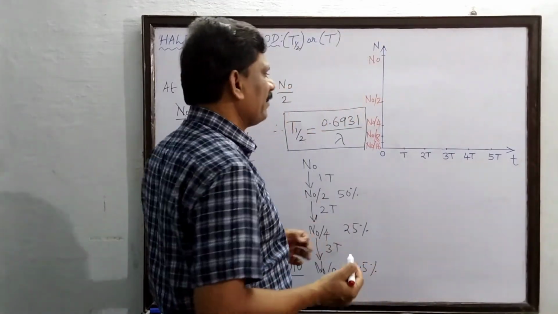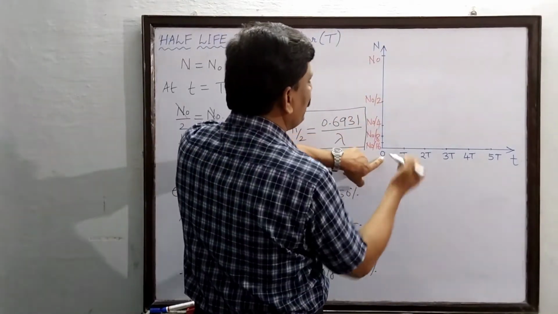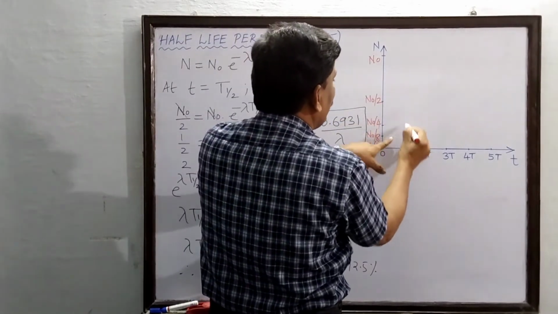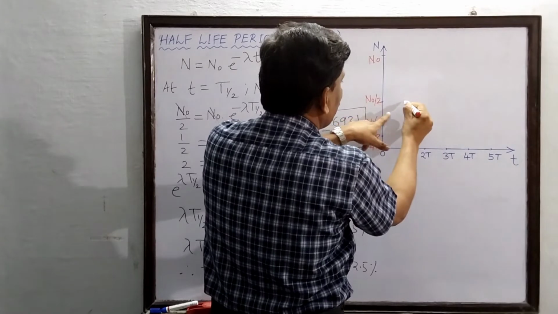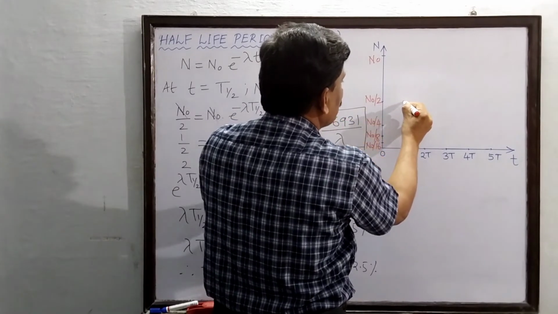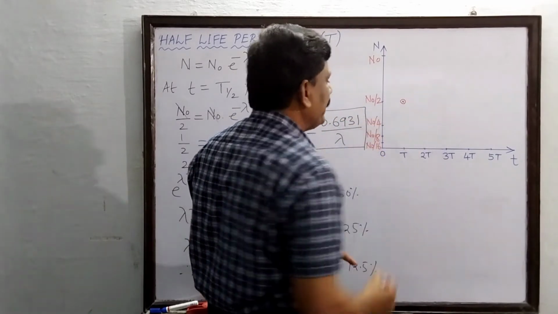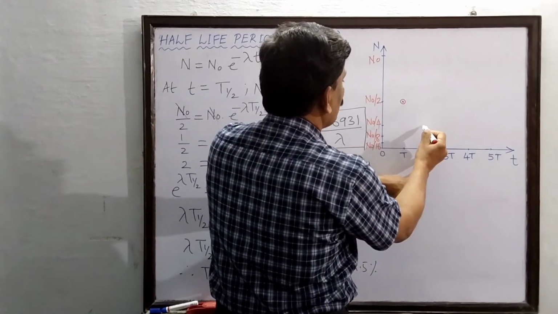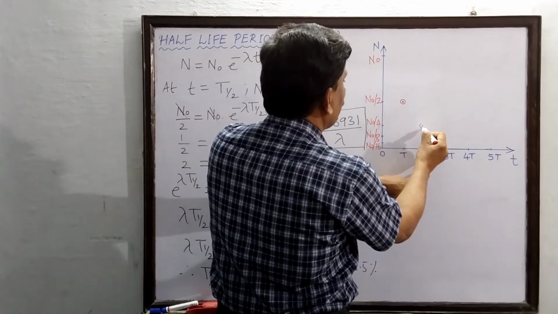I will plot a graph now. The initial number of atoms at time t equal to 0 is N0. After one half-life, I will plot a point against N0 by 2. After two half-lives, N0 by 4, so the point will be plotted here.